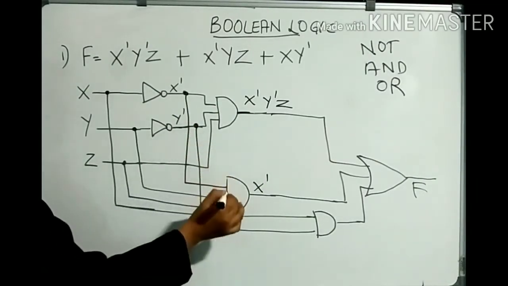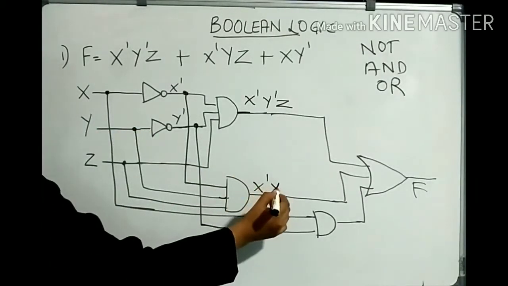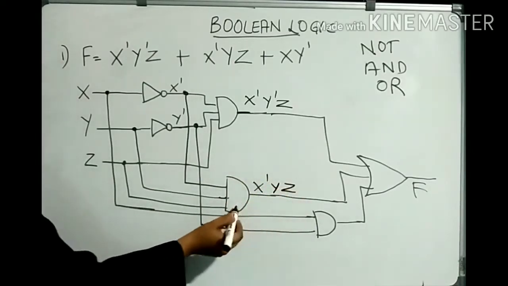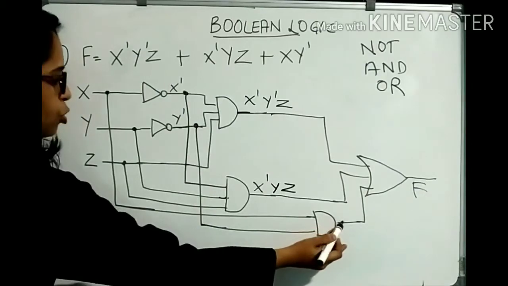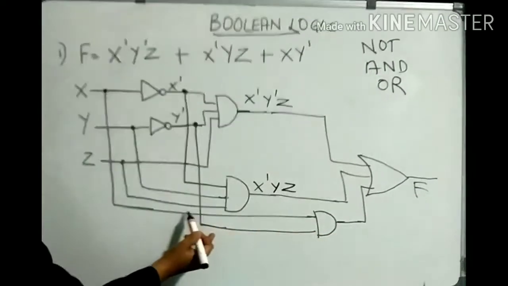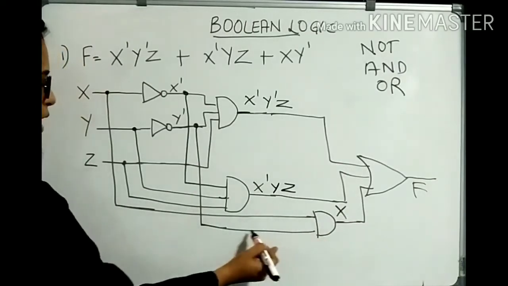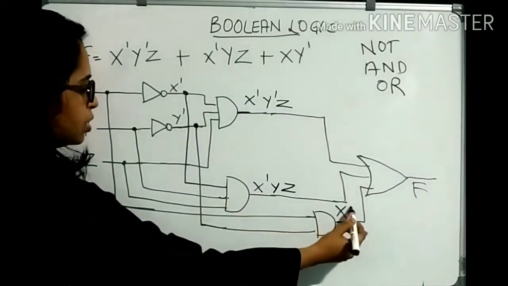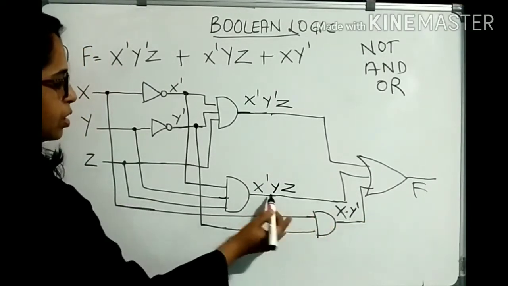Then this input is y, and this is z. These are being ANDed, so x dash y z. Yes, this is correct. And what is the output from here? Yes, this is x, and this line corresponds to y dash. So x y dash, because this is an AND operation.